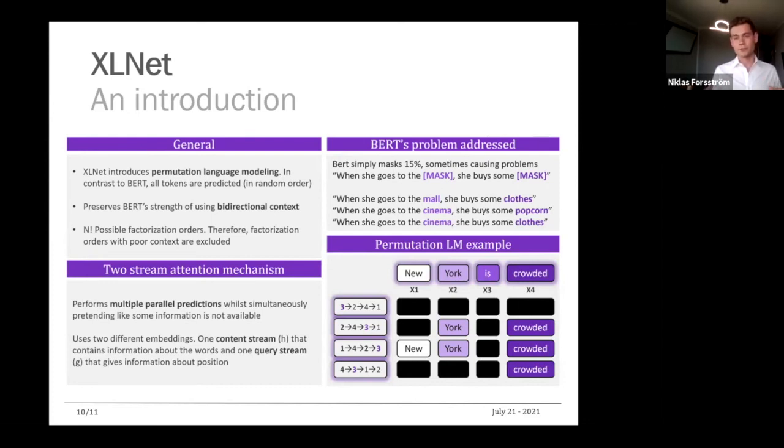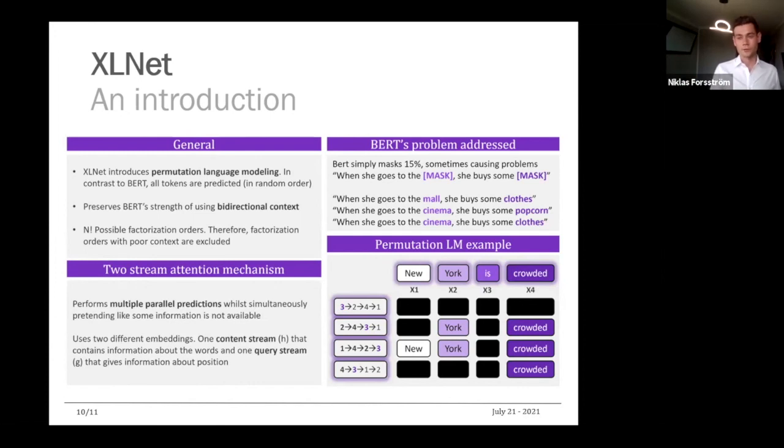It still preserves a lot of the things that make BERT a really powerful model, but by considering different permutations of these masks, basically switching them around the sentence and predicting each constellation of those masks, you avoid the bias that BERT ultimately experiences when predicting these two masks, as we said before.